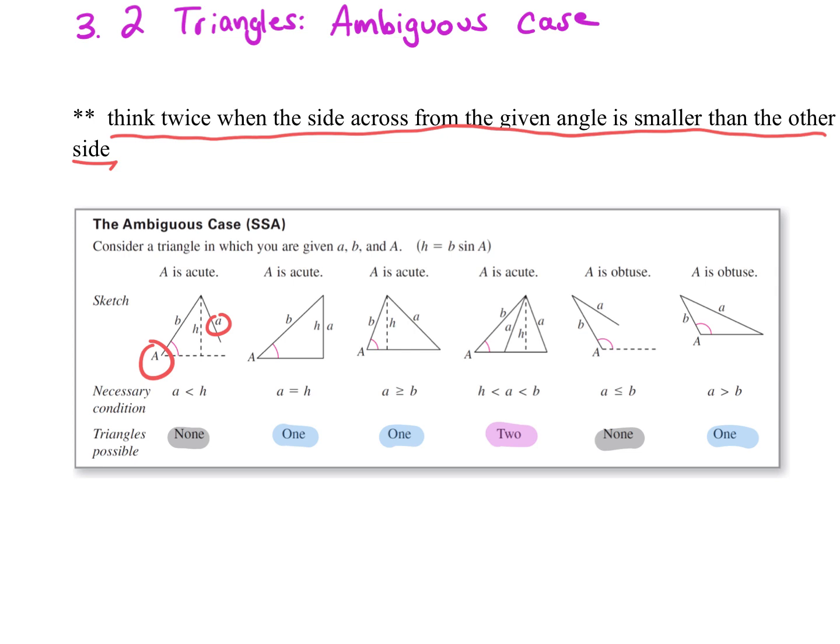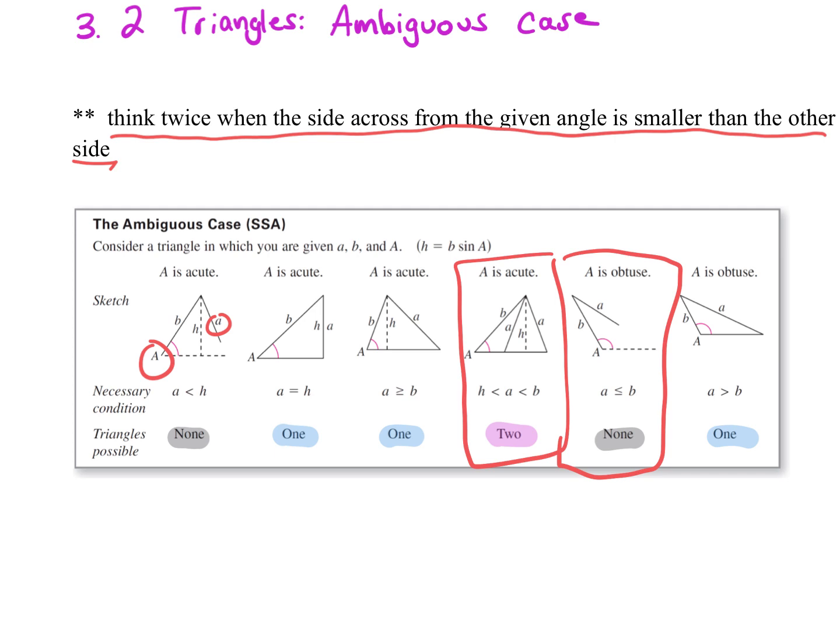An additional area where side a is shorter than side b, you can see here, in this case, we have two triangles. We have the ambiguous case. The third case, where side a is smaller than side b, is right next to that one. That happens with an obtuse angle. And in that case, I have no triangle.